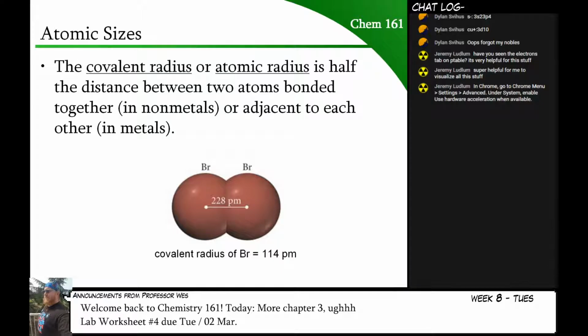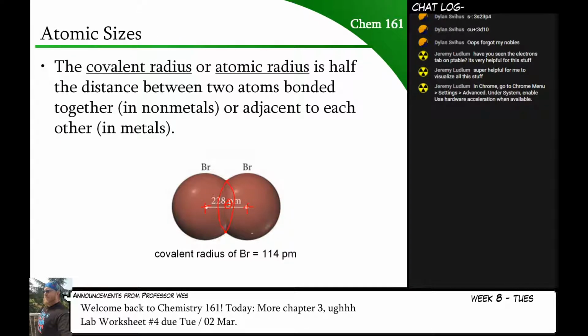So here are two bromine atoms that are overlapping just slightly. If I continued the sphere here, and I continued the sphere here, there's this region of overlap. And that is where the electrons in the bond occur. They both live in that space because you have a nucleus, electrons, and a nucleus. And that's how you make a covalent bond. We're going to talk about covalent bonding in Chapter 4. So we'll get to that.